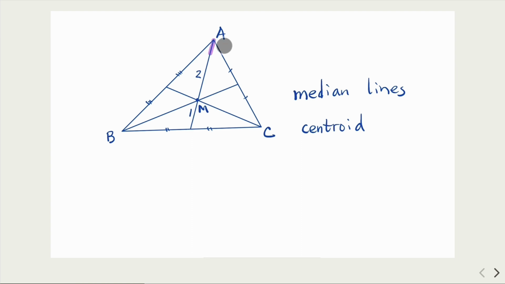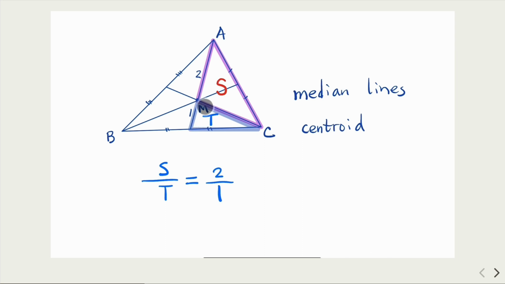All right, so as we marked here, in the case of triangle AMC, by applying the fact that we learned earlier, the ratio of S over T would be 2/1, because the centroid here, M, cuts the median line by a 2/1 ratio. That's another very useful fact. You may find it in the AMC exams.